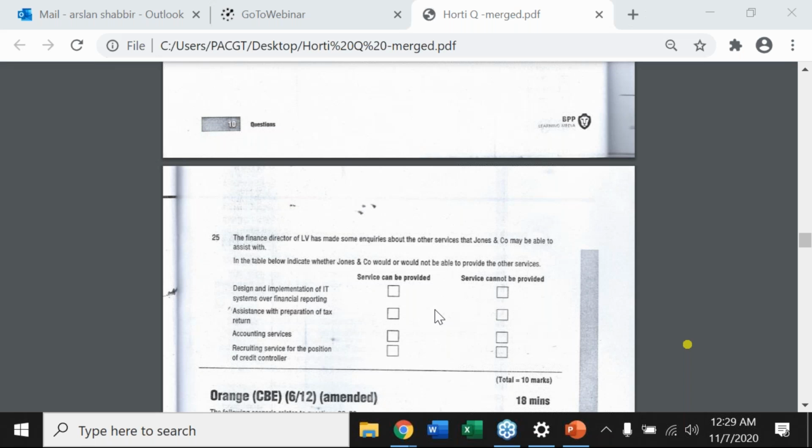So only those services that the audit firm may provide to the client. So the finance director of LVU.